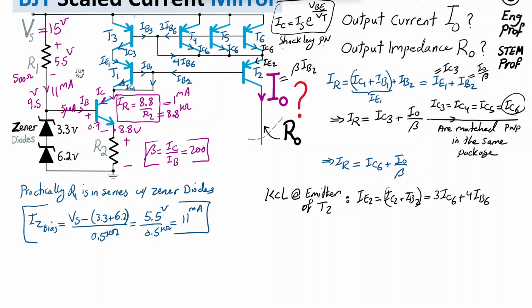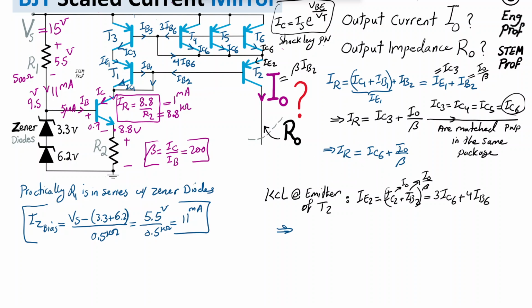We know that I base 2 is I out over beta, and IC2 is simply I out. So I'm going to substitute.